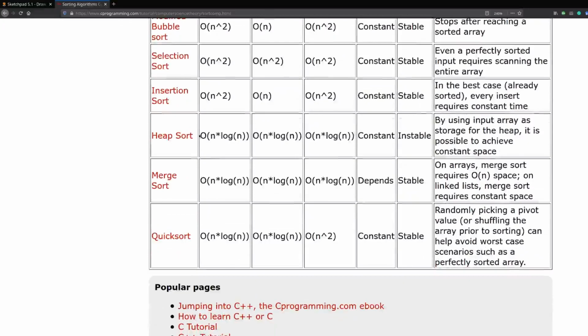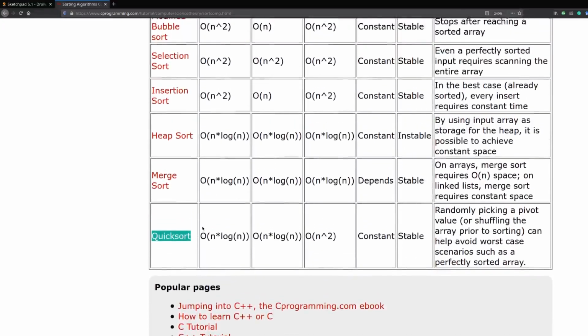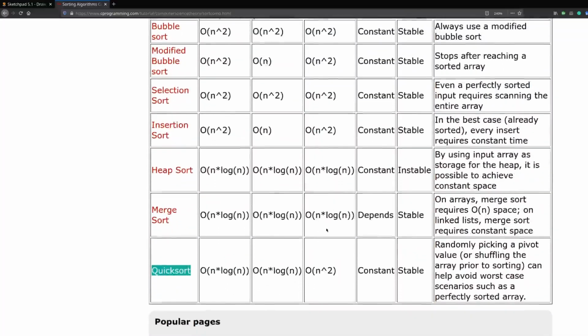There's some better ones down here. So the 3 that you should usually be using are heap sort, merge sort, and quick sort. These sorting algorithms are some of the best. They still have their quirks about them. For example, if you look here, this one can get pretty bad in the worst case scenario.